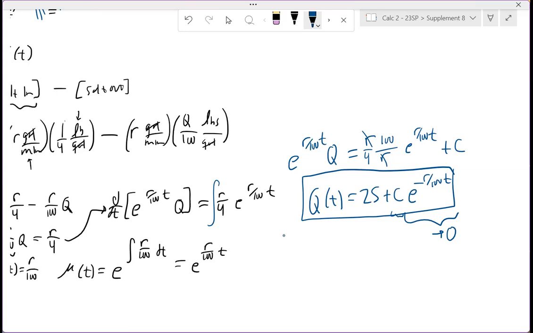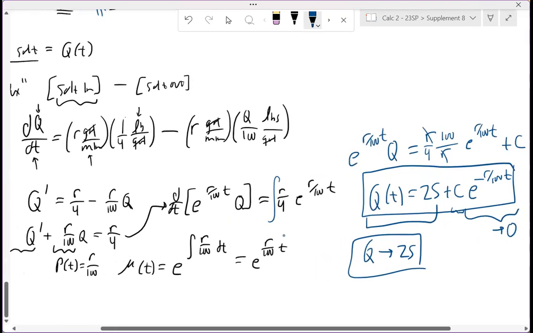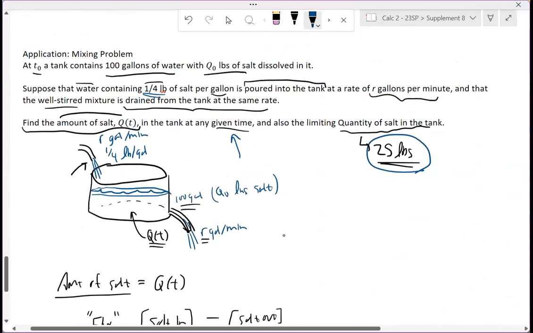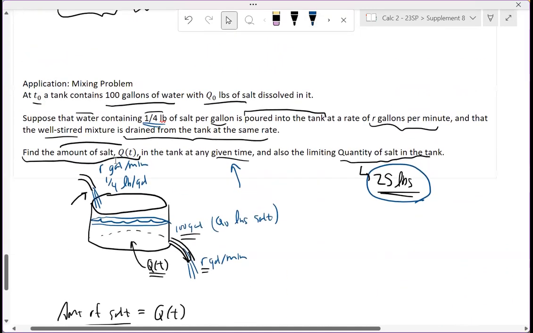This exponential bit is going to drag this whole second term to 0, and Q is going to go to 25 as t goes to infinity, as we would have expected from just understanding the problem. So it's good that our model makes sense with what we naturally and intuitively understand from the problem.